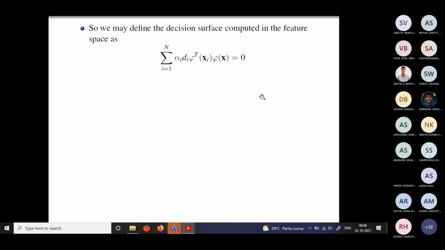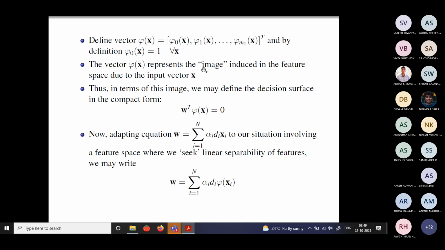And we may define the decision surface computed in the feature space something like this, because you have WTX, you know, WT phi x equal to 0. W we are defining something like this. So when I say WT phi x equal to 0 to find the decision surface, here one transpose will be there, because there's no logic in using transpose over alpha and di, because they are scalar values. So the vector is only phi, so phi x transpose and this phi x.